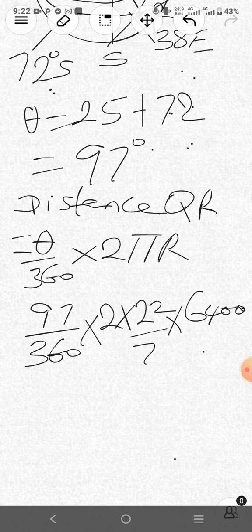So we will multiply everything together: 97 times 2 times 22 times 6,400.